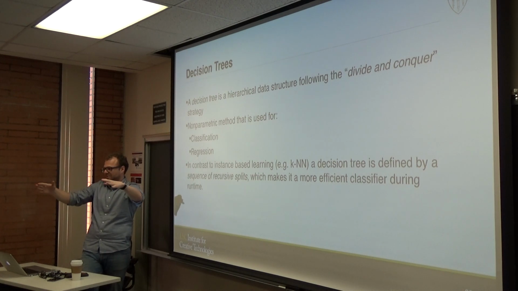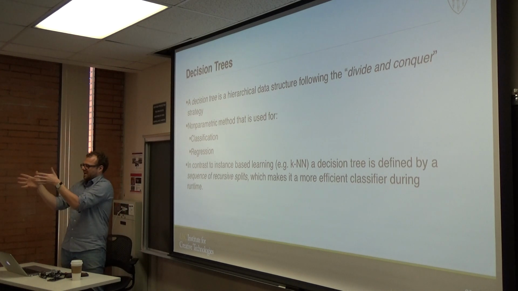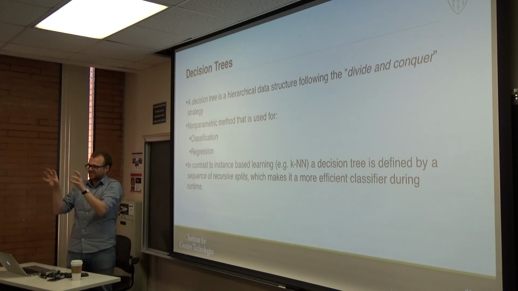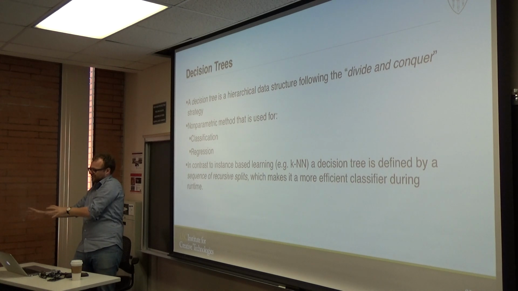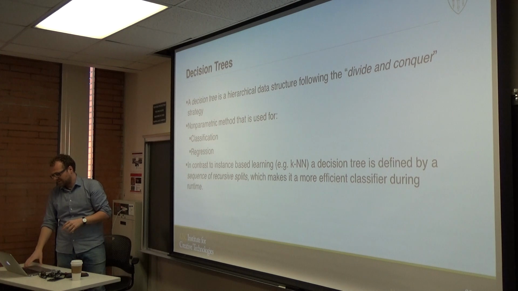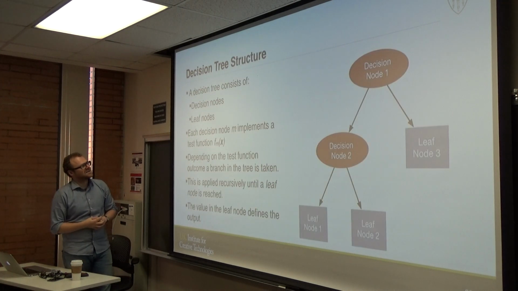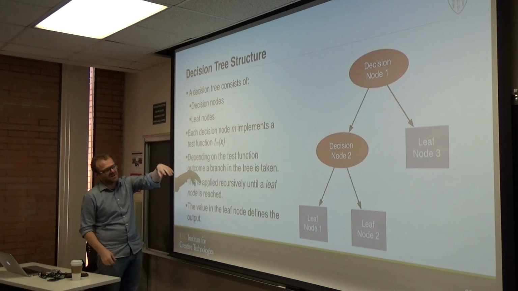So you split up your data set. Then you check, is this new split of my data set unique? Are there only one type of class in there, or are there multiple classes? If there are multiple classes, I might want to split again, so you recursively split. You have two different types of nodes.